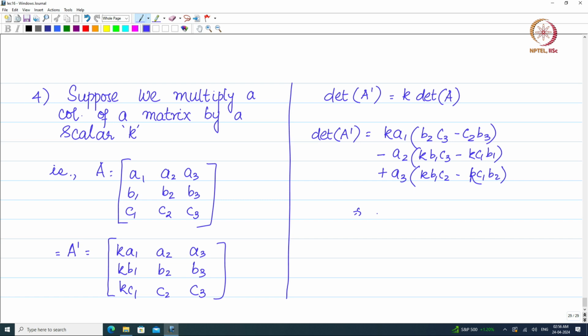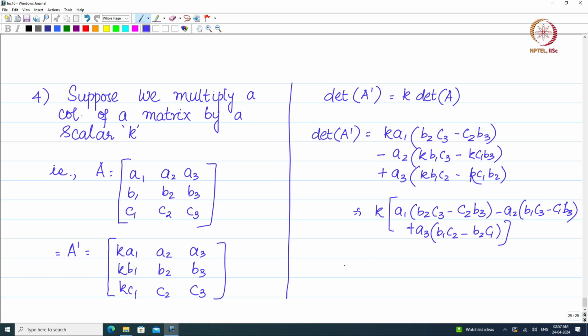So, we are going to get k out from everywhere. So, I am going to get it as k into A1 into B2 C3 minus C2 B3, minus A2 into B1 C3 minus B3 C1, plus A3 into B1 C2 minus B2 C1, which is nothing but k times determinant of A.